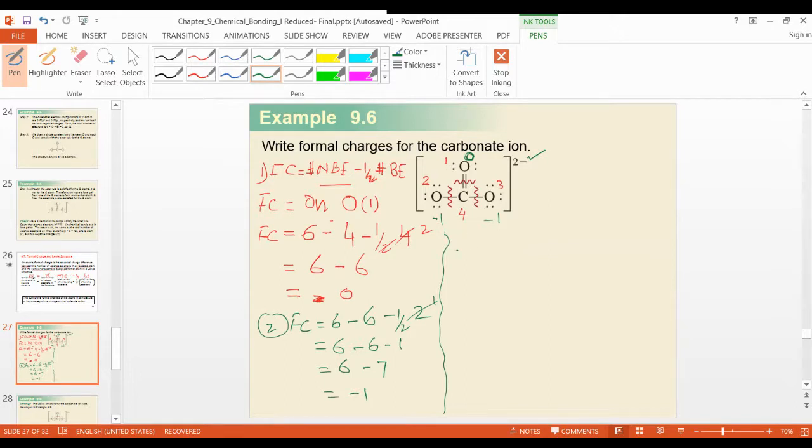Oxygen number 1, the first oxygen. Suppose valence electron is 6, and you break down this bond. You see this line, the breaking down. After breaking down these bonds, how many electrons on the oxygen, how many electrons on the carbon?